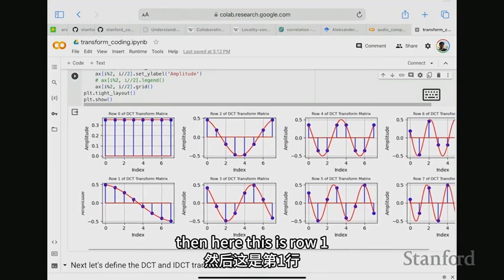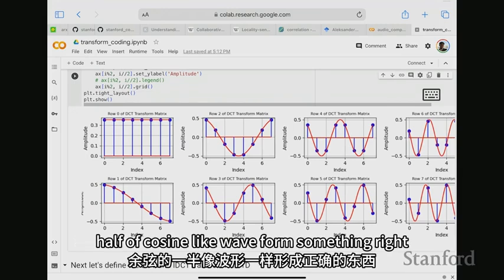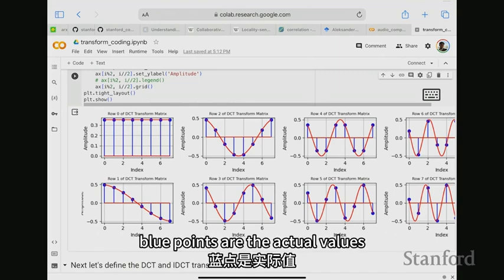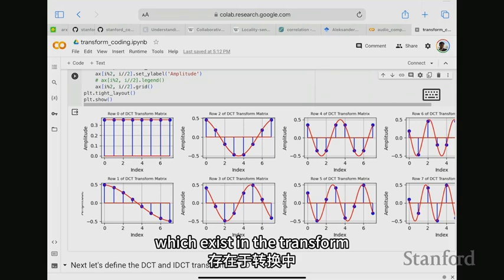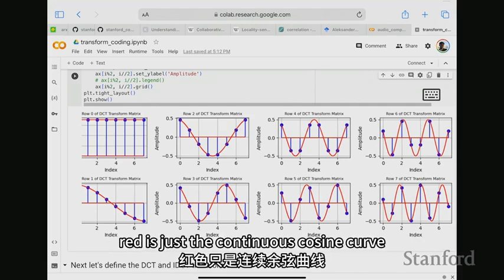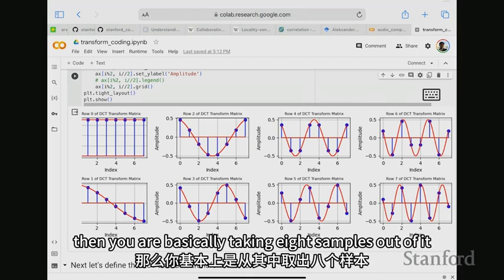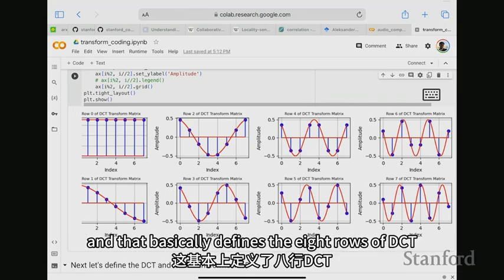Then this is row 1, and now you see this is a discretized version of half of a cosine-like waveform. The blue points are the actual values which exist in the transform. You can see these are increasing frequencies. Red is just the continuous cosine curve, increasing in frequency, and then you are taking 8 samples out of it. That defines the 8 rows of the DCT.